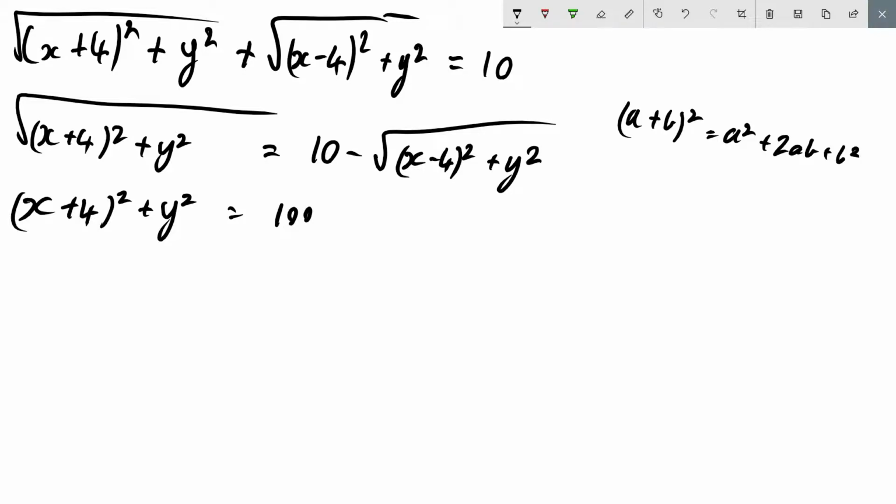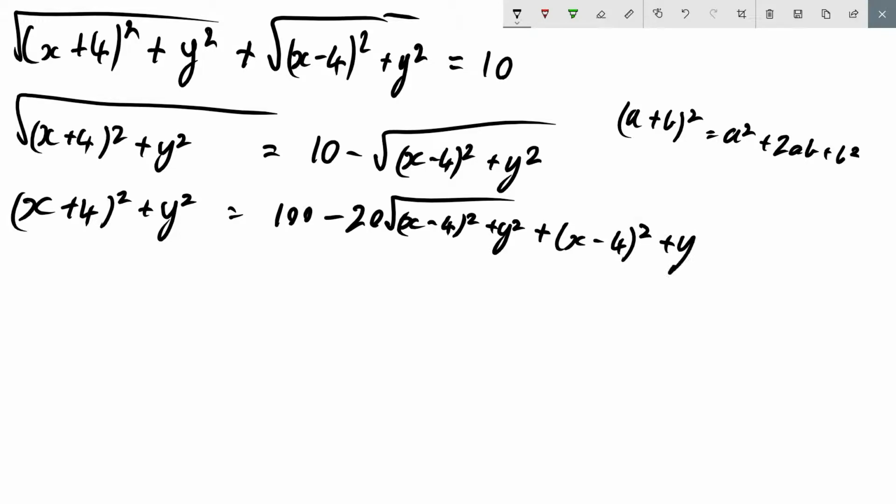We have to multiply these two together, so it's going to become negative 10 lots of the root, and then double it so it's going to become negative 20 times the root of (x minus 4) squared plus y squared. And now we'll just have to add our last term, which is the square of the root, which will become (x minus 4) squared plus y squared. So we have some cancelling, y squared and y squared.